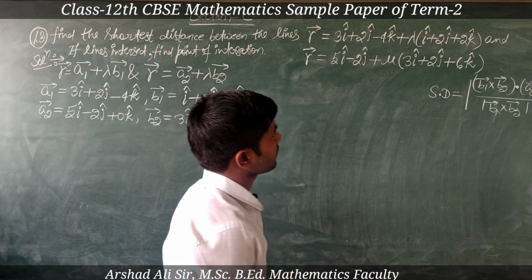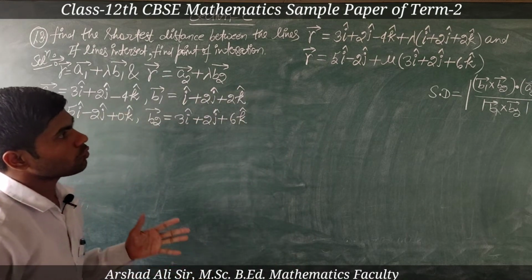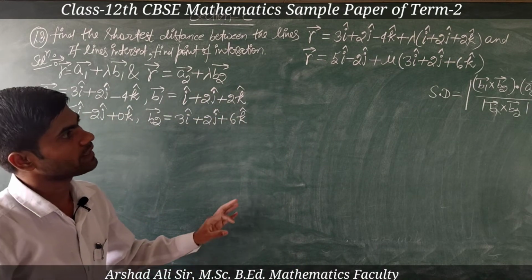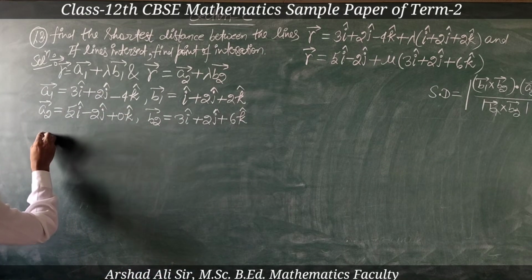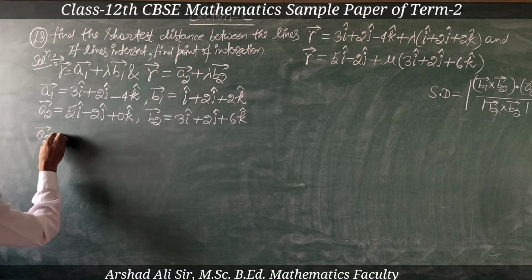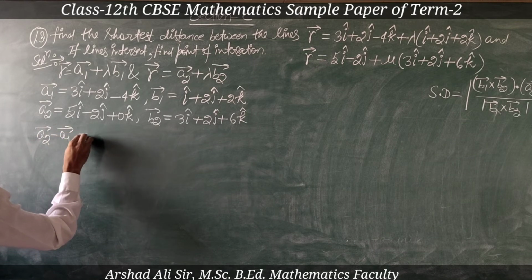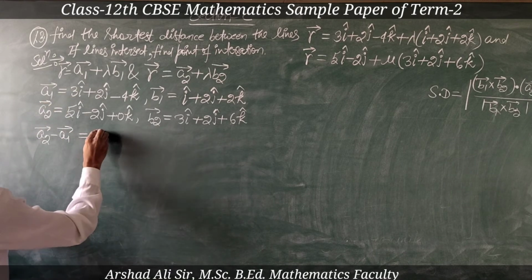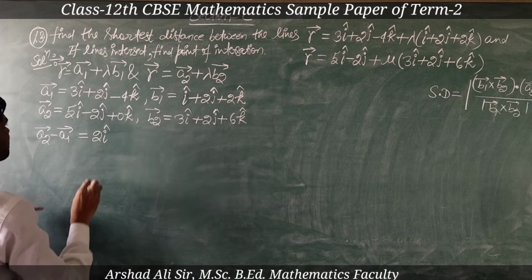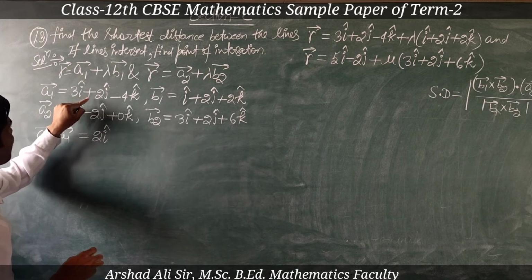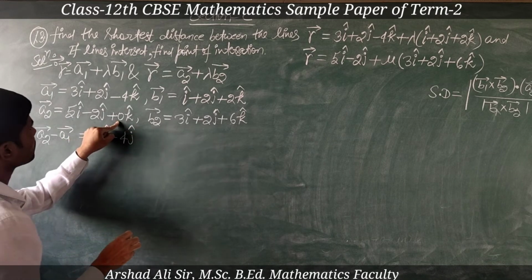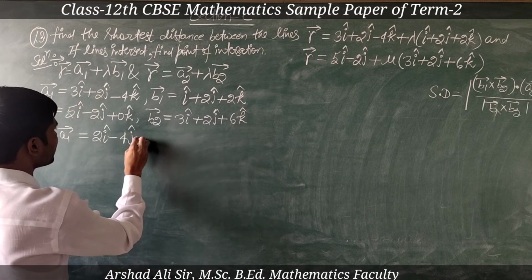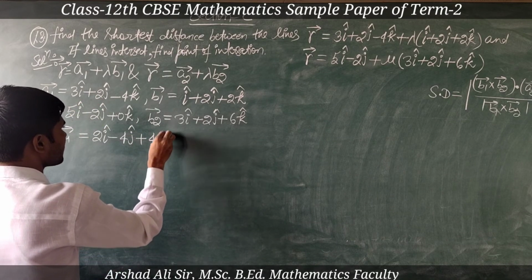Okay. So for finding the value of shortest distance, we will have to find the value of B1 cross B2 and A2 minus A1. So A2 minus A1. 5 minus 3, it will be 2i cap. Minus 2, it will be minus 4j. And 0 minus 4, it will be plus 4k.